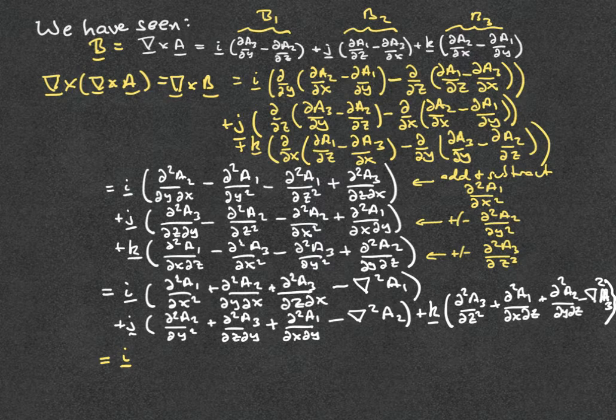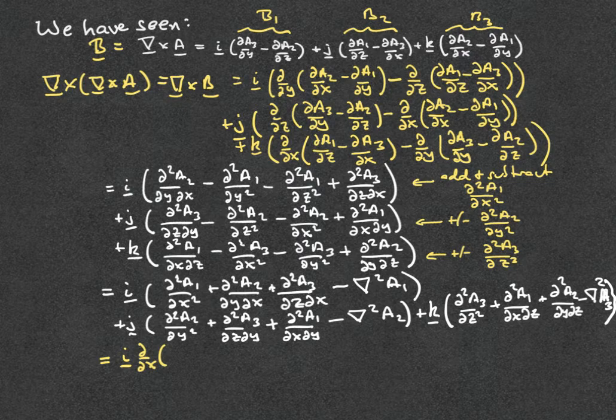So I'm going to write i d by dx acting upon, and then let's see what is left inside here. Well, we'd have d by dx of a1, and we'd have plus d by dy of a2. Once we've taken out the dx derivative, we're using equality of mixed partials that we can swap the ordering around. And then here again, we pulled out the d by dx, and we're left with d by dz of a3.